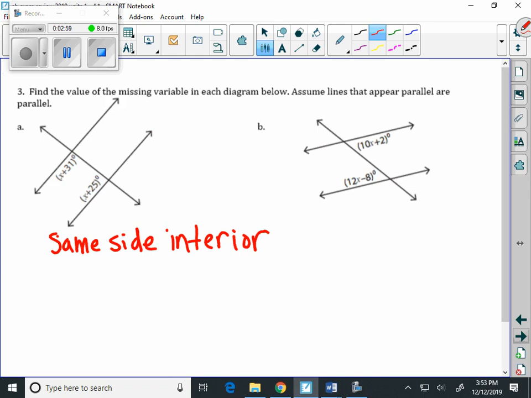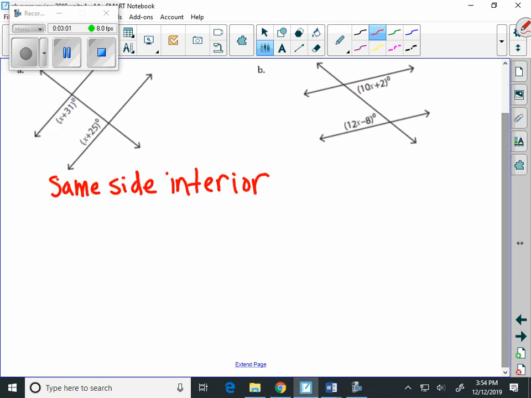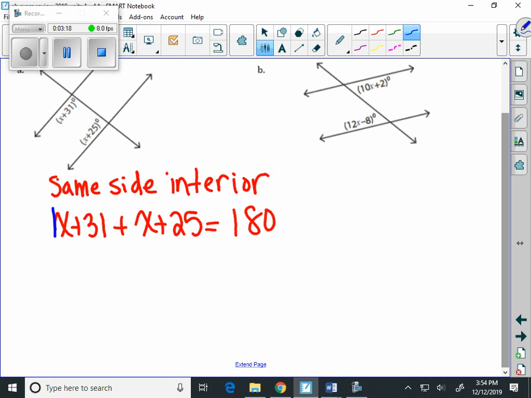As we solve this one, we're going to take x plus 31 and add to it x plus 25, because same side interior angles add up to be 180 degrees. Don't forget that the numbers in front of these x's are 1s. You might have forgotten that.